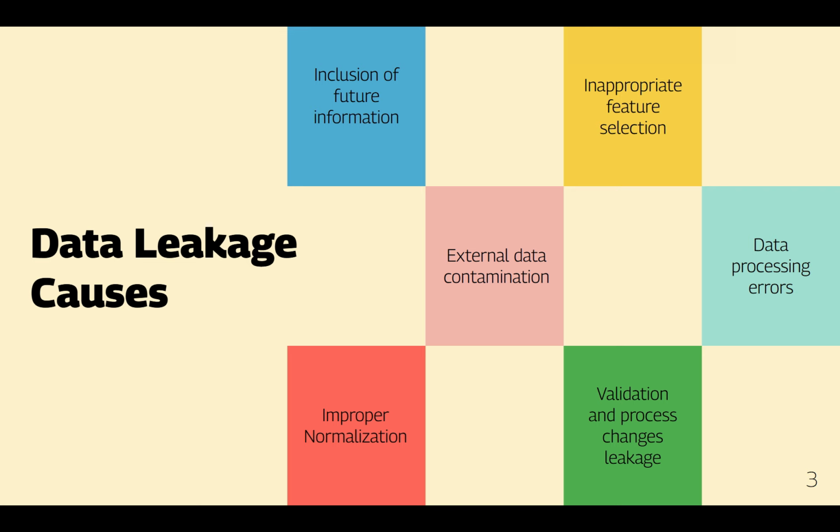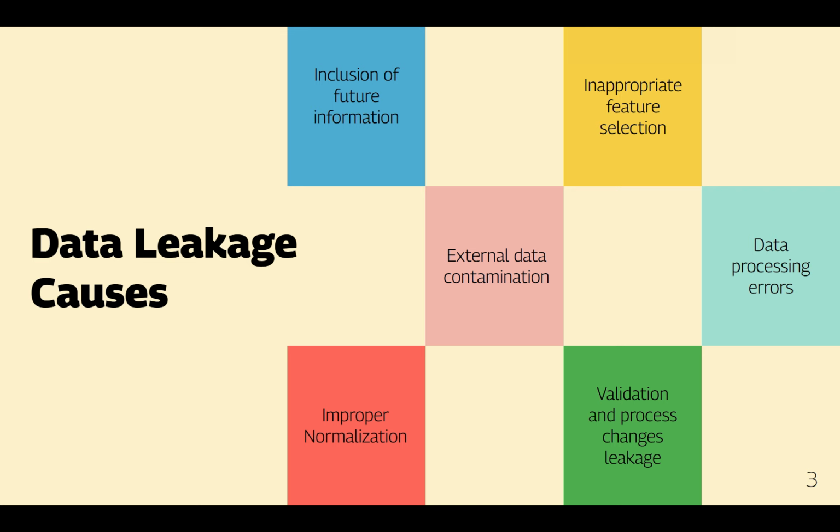So data leakage is correlated to underfitting and overfitting depending on the causes. For example, inclusion of future information will have overfitting as a symptom, while inappropriate feature selection, like selection of features with little to no correlation to the target feature, will have underfitting as a symptom. So here lies the relationship between data leakage, underfitting, and overfitting.